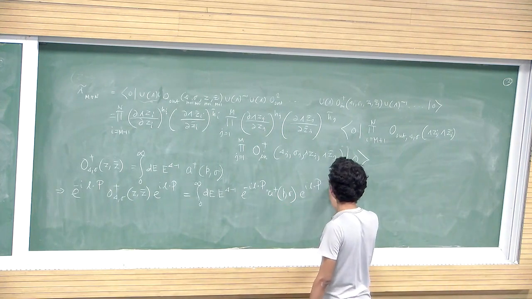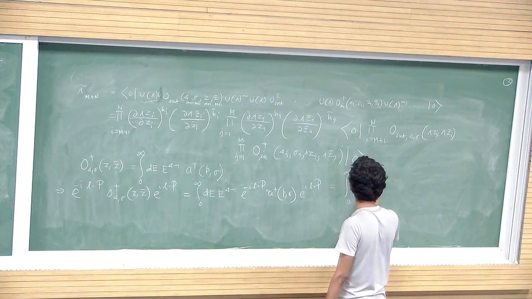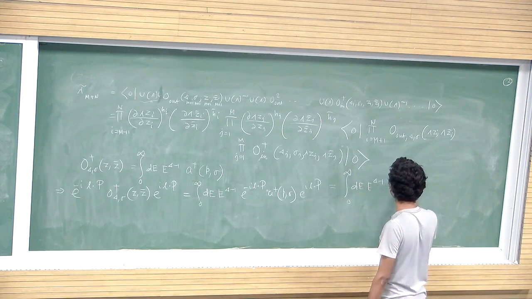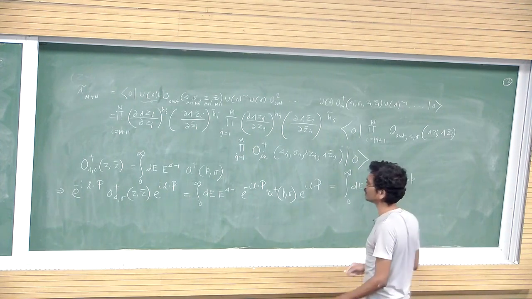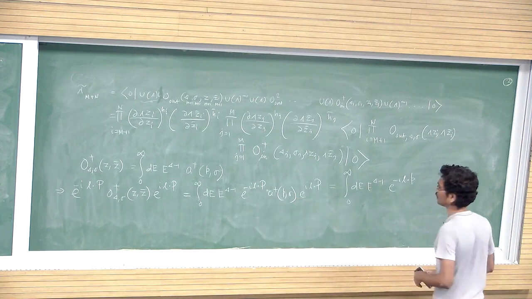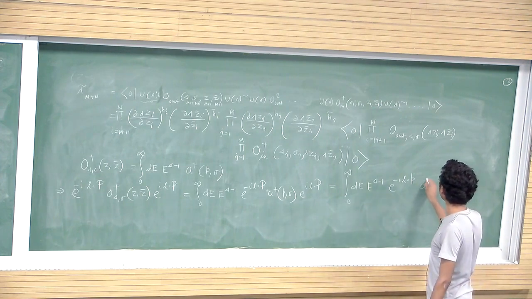So this will give you 0 to infinity dE e to the delta minus 1. It will simply give you e to the minus I small l dot p. L is any 4 vector, the amount of translation that I am making. So this will simply transform like this, A dagger p comma sigma.